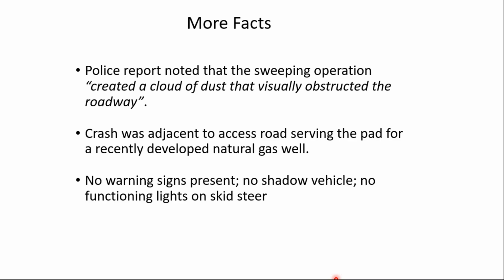So as I said, the police report noted that there was a cloud of dust that visually obstructed the roadway. The source of the mud was an unsurfaced access road serving the pad for a recently developed natural gas well. This is in the upper Ohio Valley, close to where I am, where there's a lot of natural gas development.